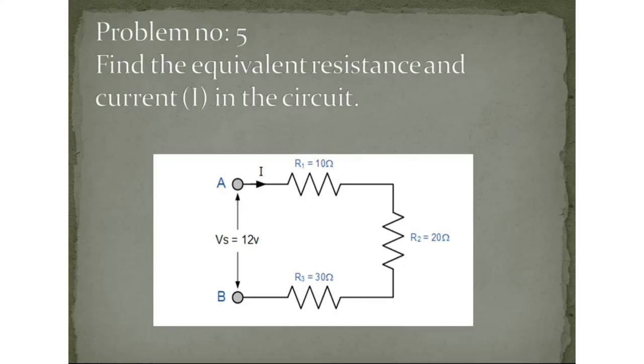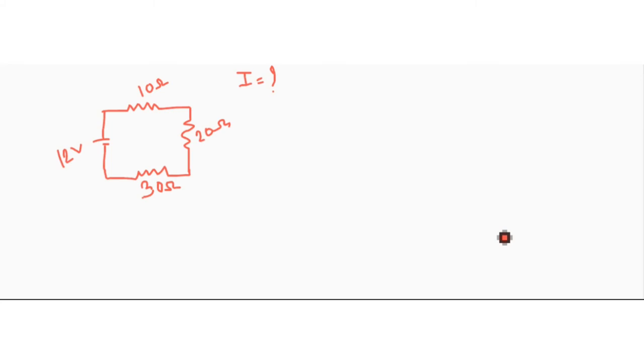Now since we have learned about combination of resistances, we will try to solve a problem. Find the equivalent resistance and current I in the circuit given below. Here are three resistances of 10 ohm, 20 ohm and 30 ohm. We need to find the current in the circuit.